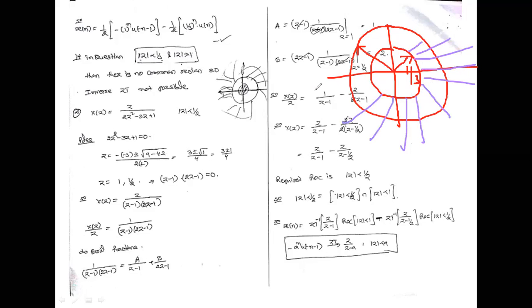Outside the circle of 1 by 3. And this function is less than 1 for the first term. Less than 1 means with the radius we have inside the circle. That I am taking the inside. So the total circle is covered here. But what is the actual region of convergence? Wherever it is overlapping, for the greater than 1 by 3 and the less than 1. This is the region.